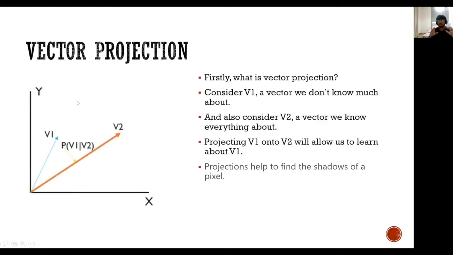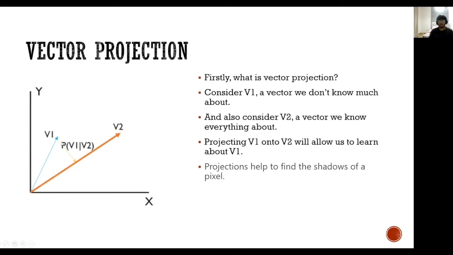Now we look at vector projection. Let's consider two vectors, and let's say that we know a lot of information about vector v2, practically everything about it: the direction, the magnitude, anything it has to follow. But we know very little, or absolutely minimum, about v1, the first vector.